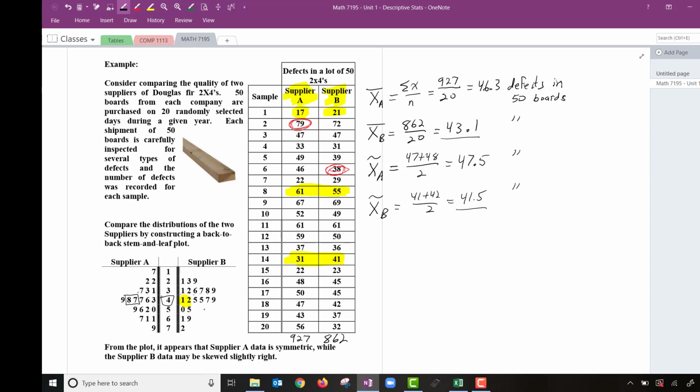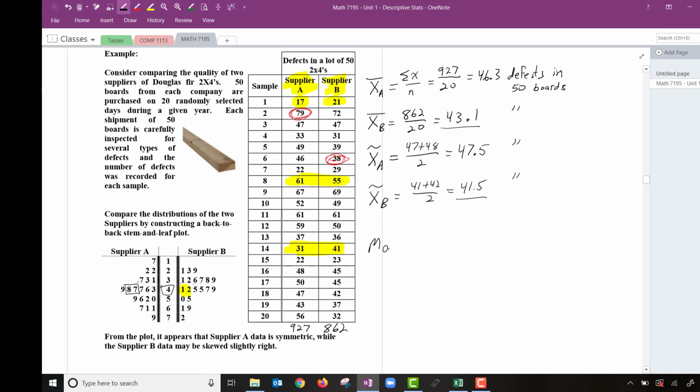We can calculate the mode too, the mode of A. That's the most frequently occurring value in supplier A. Sadly, it looks like it's a tie. There are two 22s, two 47s, and two 61s. So is it 22? Is it 47? Or is it 61?